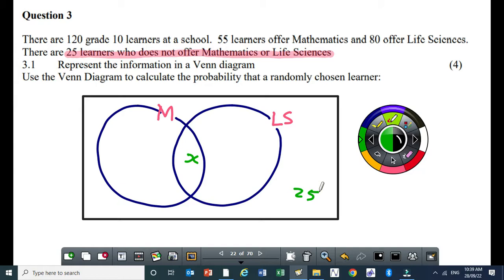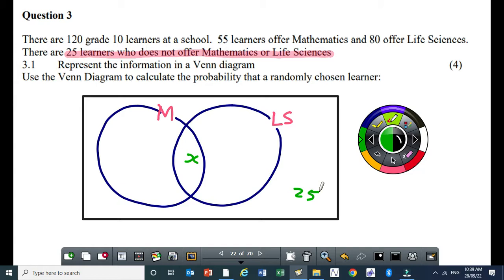Is that clear to everyone? If you don't do that, you are going to find Venn diagrams a bit challenging. But they are easy now.